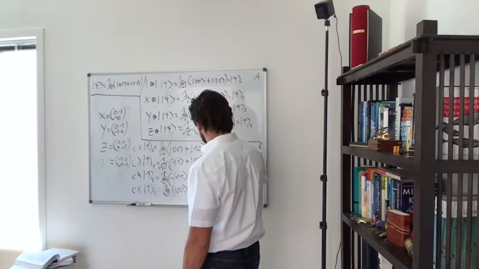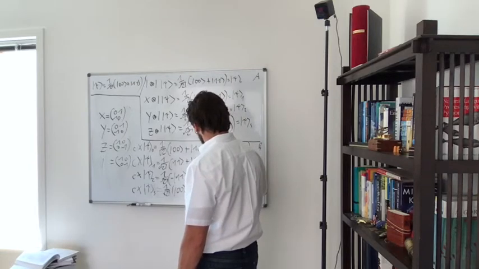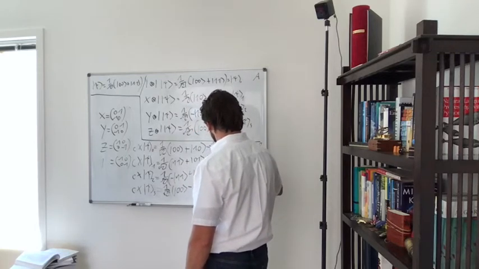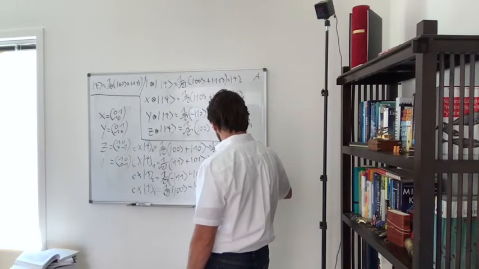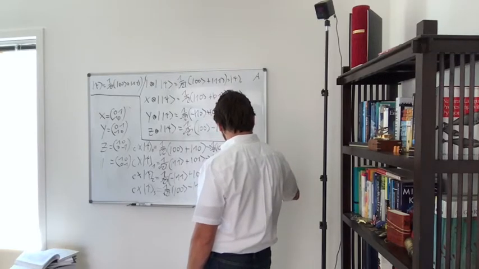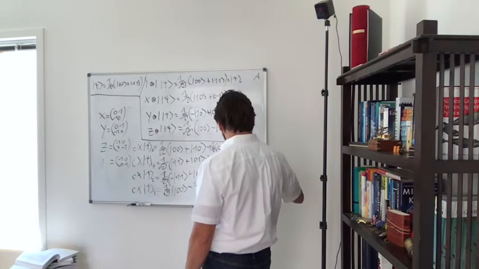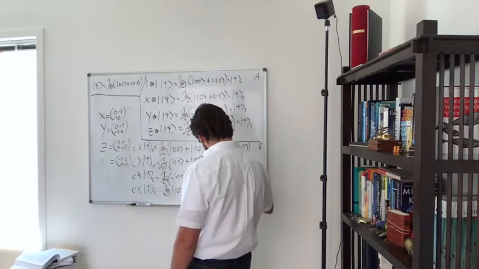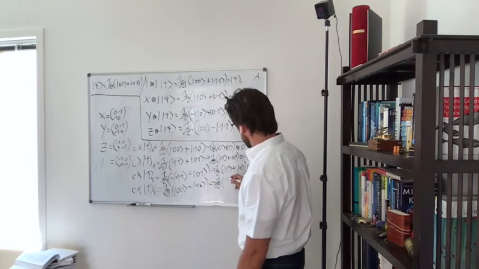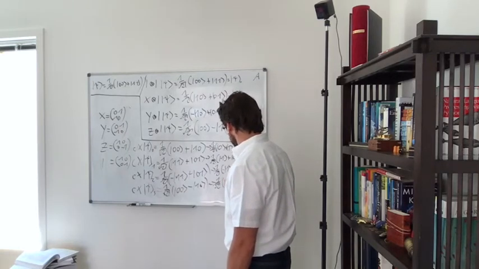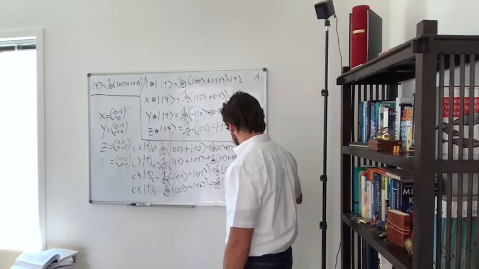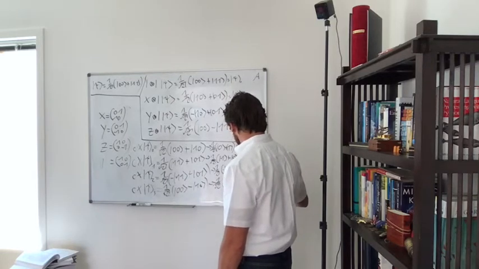Third one here minus 1 plus 0, 1. And the last one here becomes 0 minus 1, 0.